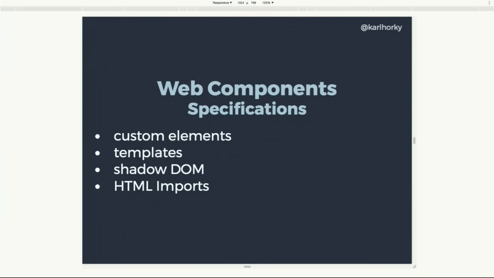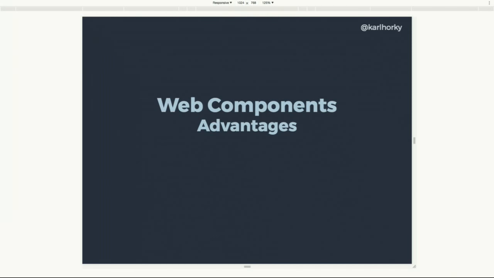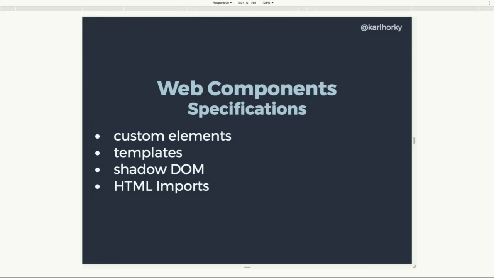Web components is basically these four things: custom elements, templates, shadow DOM, and HTML imports, and these four things make up a component model for the web. So you can make your own custom things that actually behave like an input, or like a drop down or anything like that. And it was a really cool thing. When I first learned about it, I thought, wow, this is the way to do things.